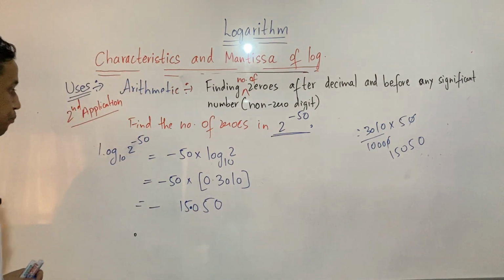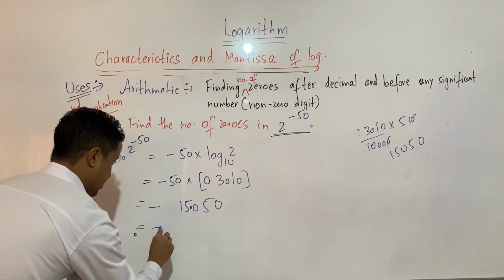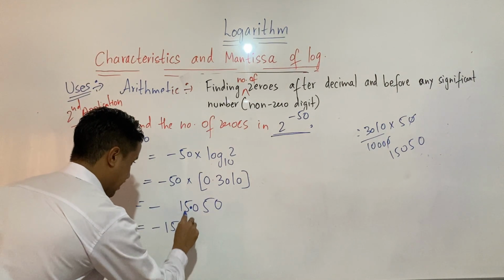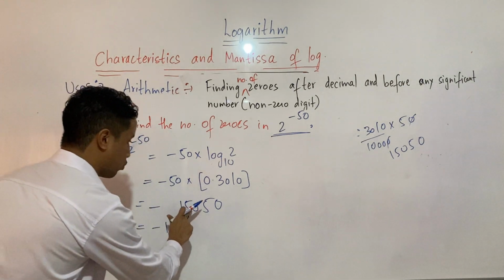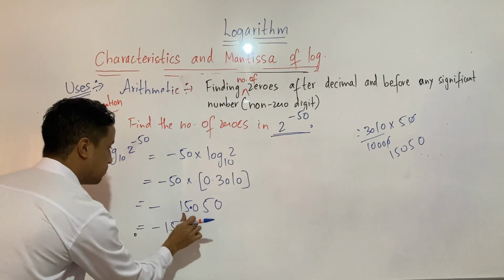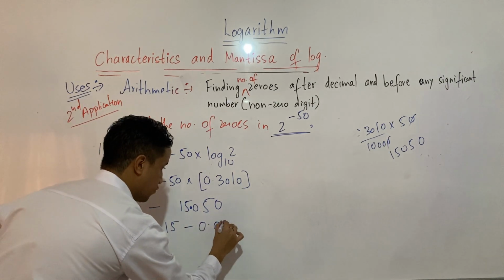Okay, so you can see that the characteristic is minus 15, and the Mantissa is minus 0.050.